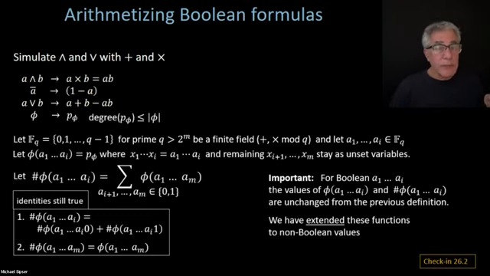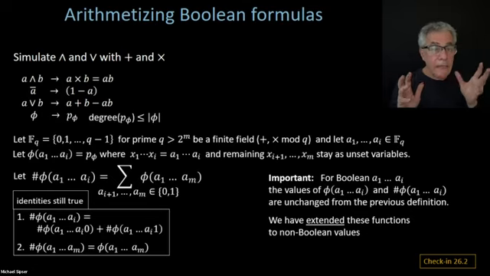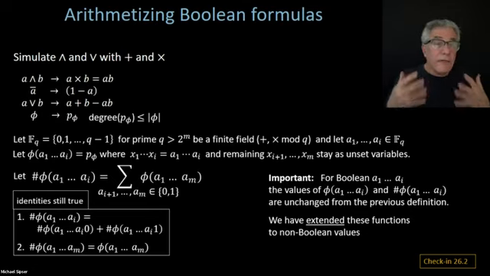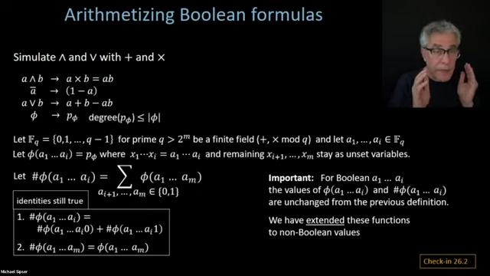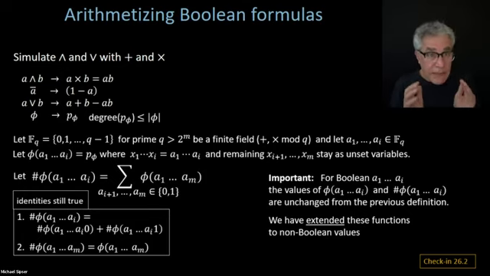This is a good question here. Do all the numbers need to be zeros and ones? I'm not sure how negation would work with larger numbers. The negation, you just blindly follow it. Even though we're going to be plugging in non-Boolean values, it's going to be 1 minus a 7, so you're going to get minus 6. You have to do that mod p, so whatever mod q, whatever value you get. But you can no longer think about it as negation in the former sense.